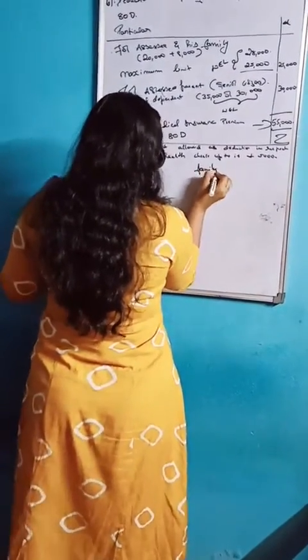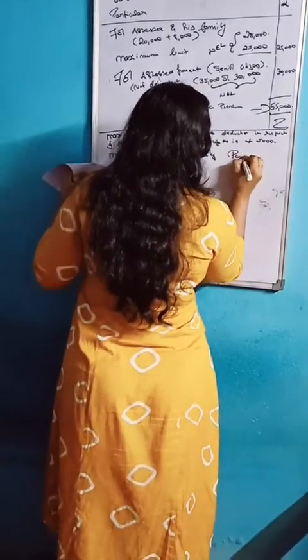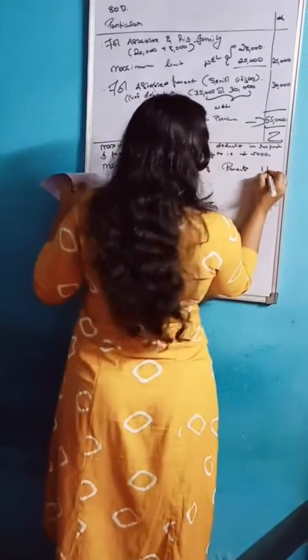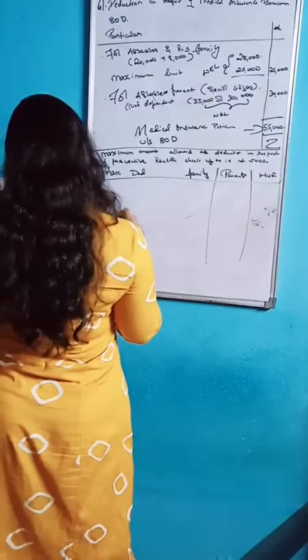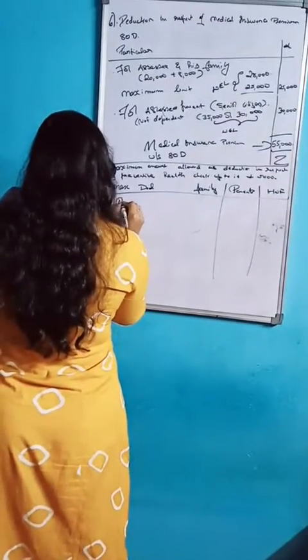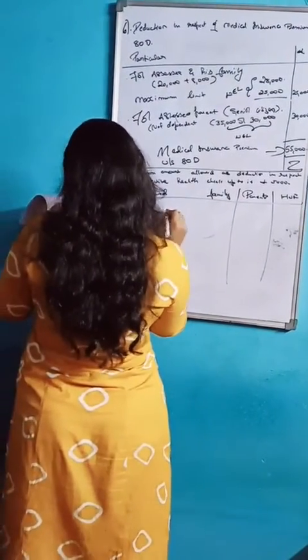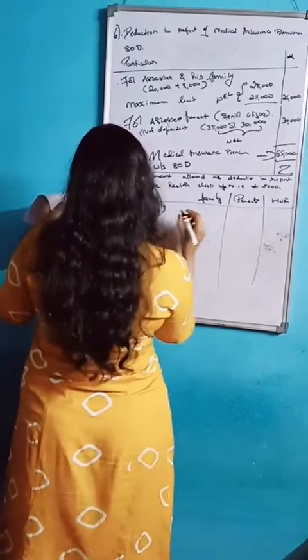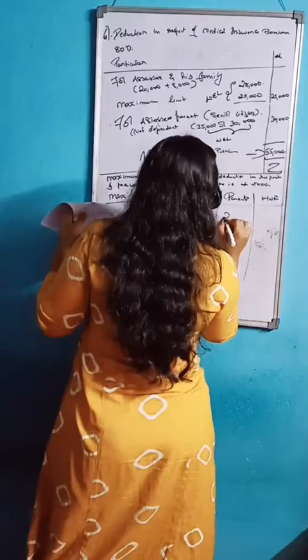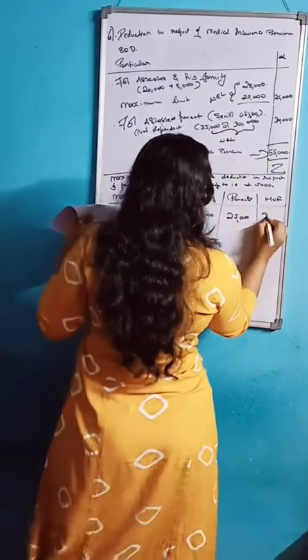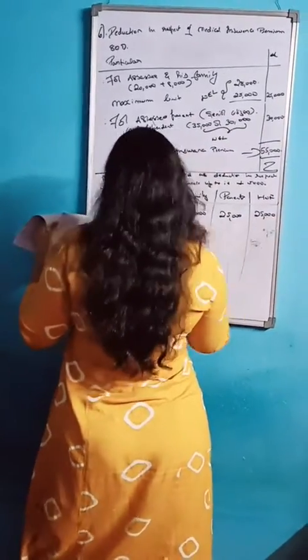So here maximum deduction: family, parents, and next one is HUF. Okay, this is a point. And your normal deductions come like 25,000, here also 25,000.